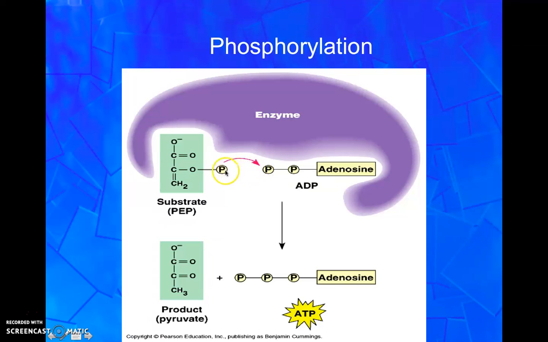It will allow the phosphate to leave the PEP and join to the ADP. That gives it 3, so now it's ATP. Now it is a fully charged energy molecule. And we have a molecule here called pyruvate, which we will become familiar with because it is part of cellular respiration.